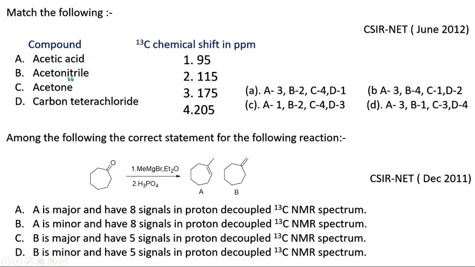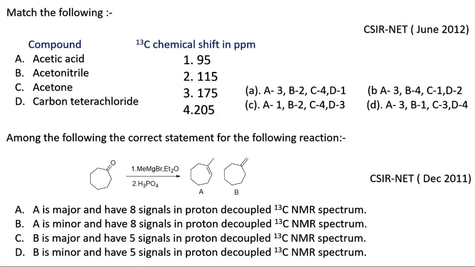For acetonitrile, the carbon attached to the CN group will resonate at 115, and for acetone, we know it is above 200, that is 205, and for carbon tetrachloride it is 95. If you remember the table that I mentioned when I started C13 NMR, this is a very easy question. So if you compare these values, A will be the correct answer.